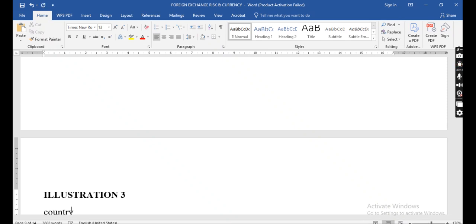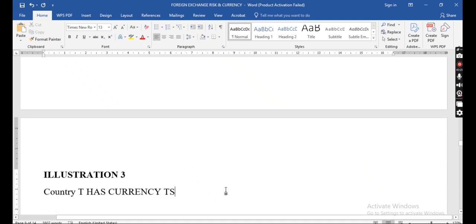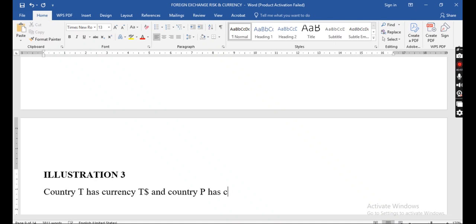Let's say we have country T with currency T dollar, and country P with currency P dollar.